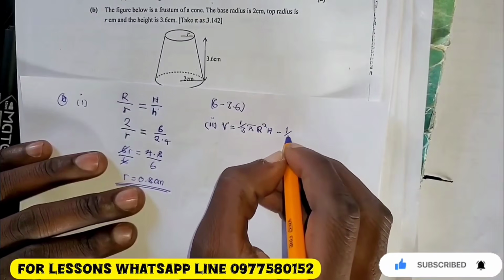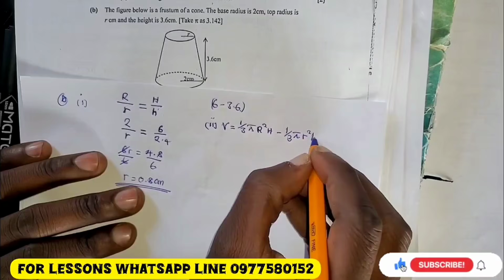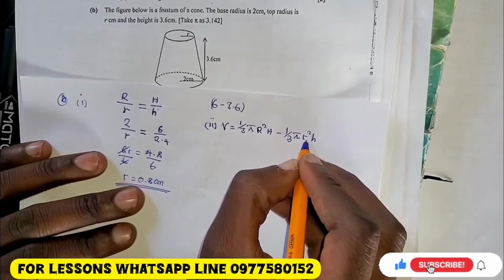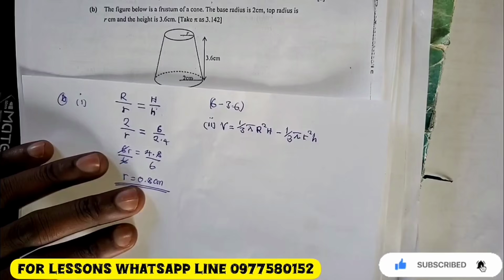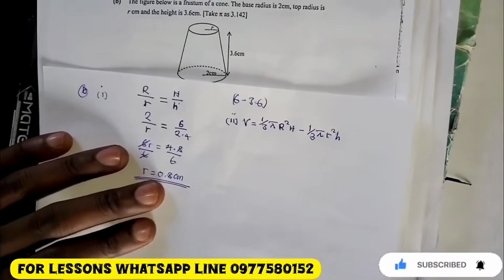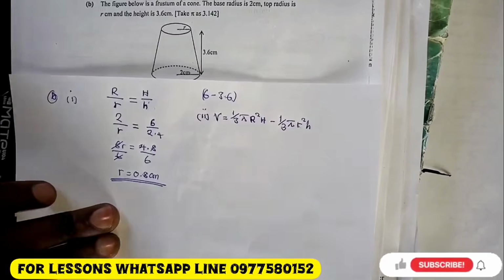Minus 1/3 pi r squared h. These are small lower cases for the volume of a smaller cone.